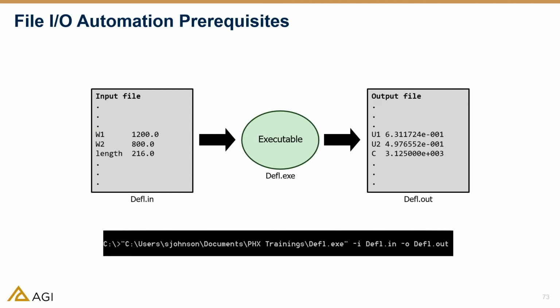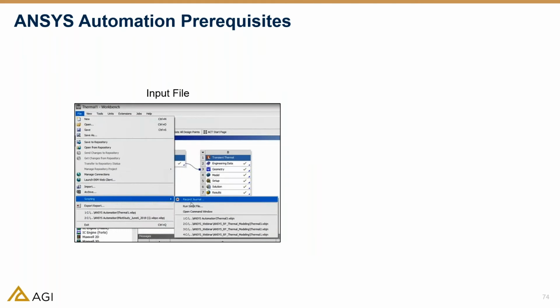In the same way, with file I/O, everyone knows that ANSYS has a spectacular GUI, and a lot of people are used to running it from that standpoint. What we require, though, is the behind-the-scenes file I/O execution of ANSYS. The way we do that is by extending that file I/O pattern over to ANSYS. We require an input file. We see a quick screenshot here where ANSYS allows us to record a journal file.